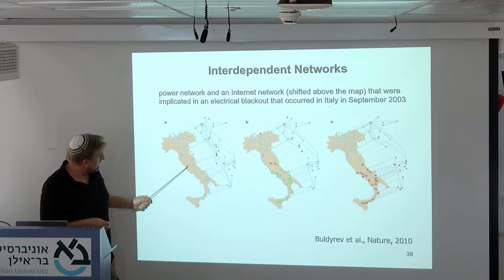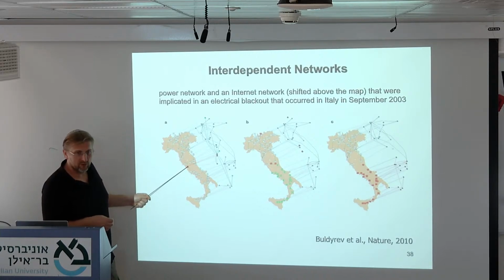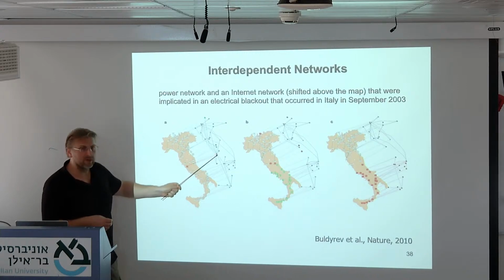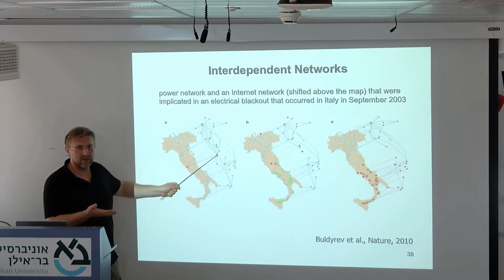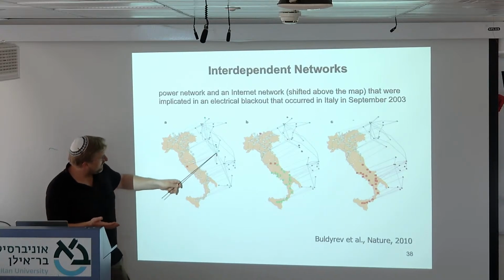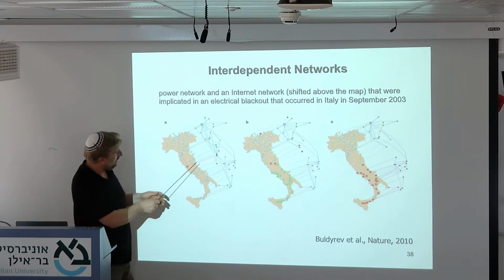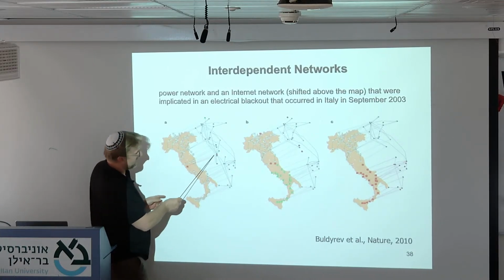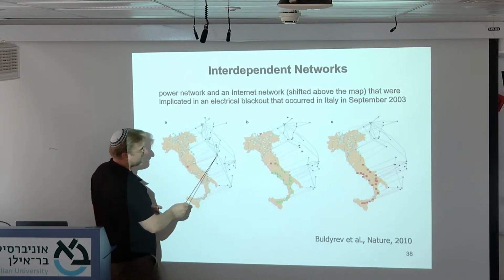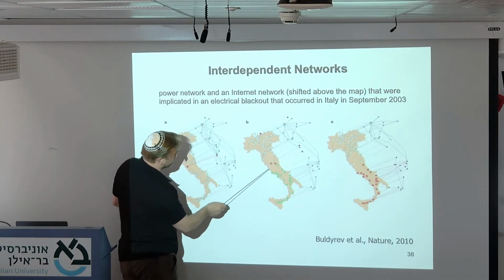So in this case, a power plant in the center of Italy stopped working, it was malfunctioning, and this caused several communication networks to lose electricity, and they stopped working also. And when they stopped working, all the power plants that were dependent on these communication networks also stopped working.